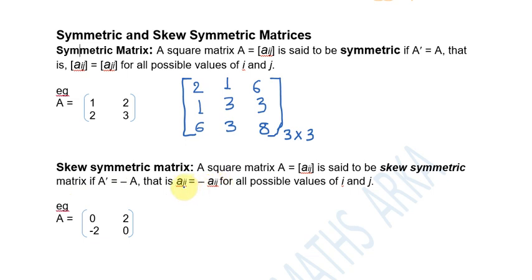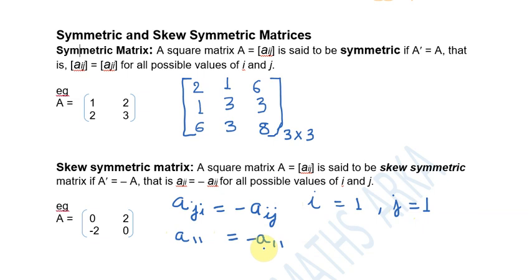You can take any numbers for these subscripts. Suppose we take i and j, it says that a_ji is equal to minus of a_ij. Now if we take i is equal to 1, j is equal to 1, let's see what it becomes: a11 is equal to minus of a11.